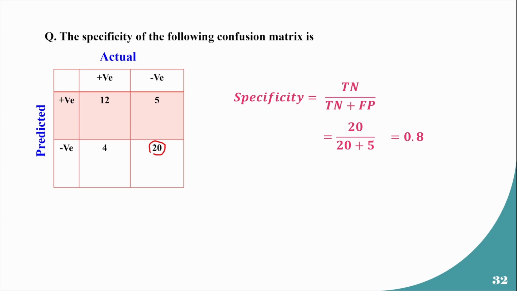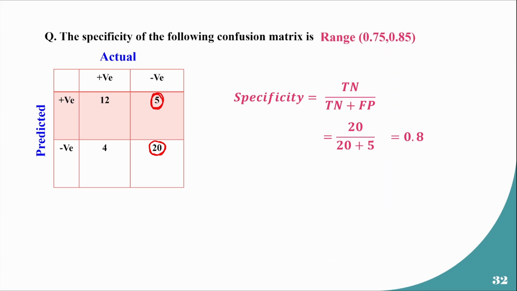So these 20 values that have been given in this cell will come under the true negative category. Whereas for the false positive category, we will see the values that were actually negative but incorrectly predicted by the model as positive. So we'll have 5 values that were false positive. So if you do the calculation, you will get 20 by 25. So it will give you 0.8, right?